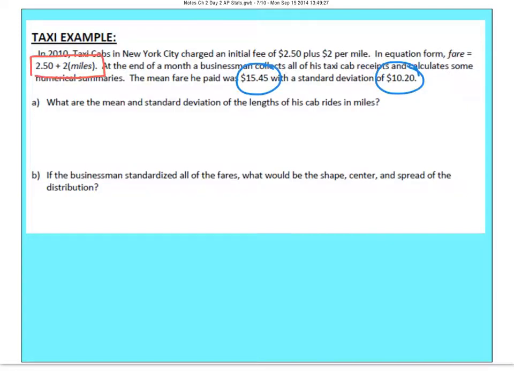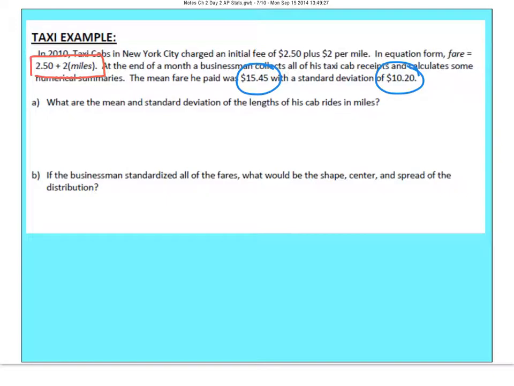And the first question, what are the mean and standard deviation of the lengths of his cab rides in miles? Well, we can just use the transformation that took place here. We know that the mean was impacted by both the multiplication and the adding. So we could say 15.45, what had to happen is 2.50 plus 2 times his miles.